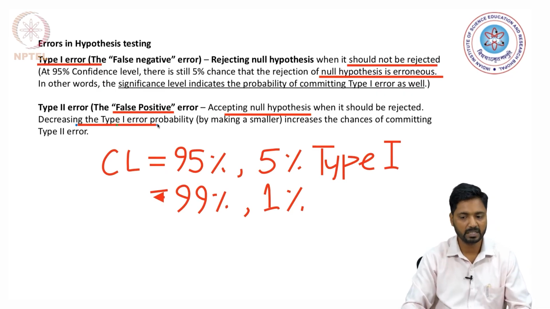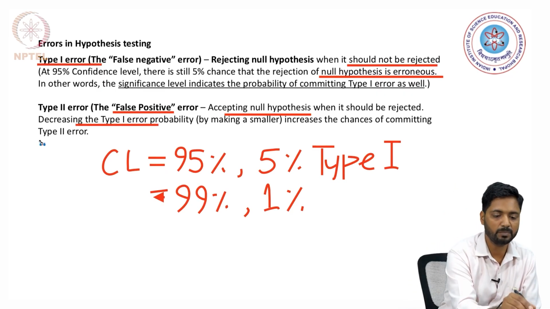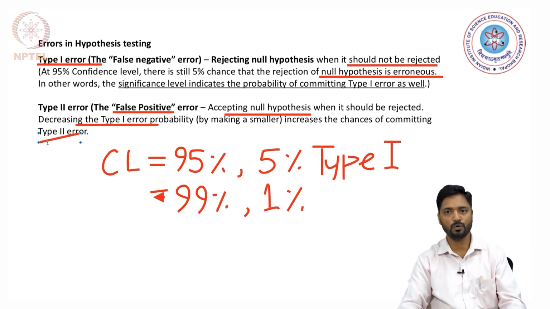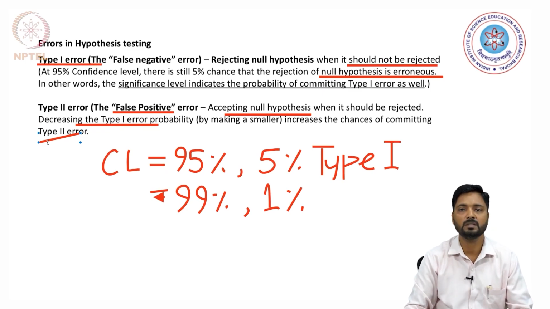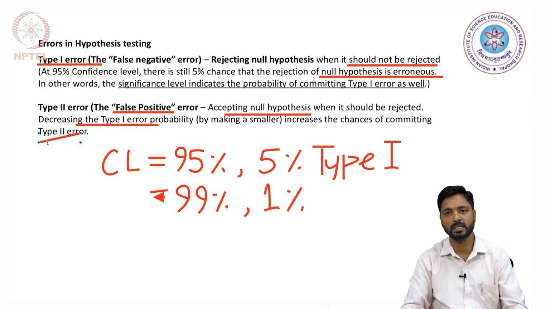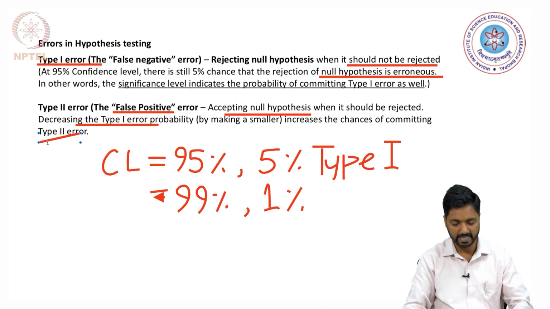However, when we do that, we increase our chances of committing type 2 error. So there needs to be a sort of a compromise made between the two errors that we can commit, and that will depend upon the context at hand.